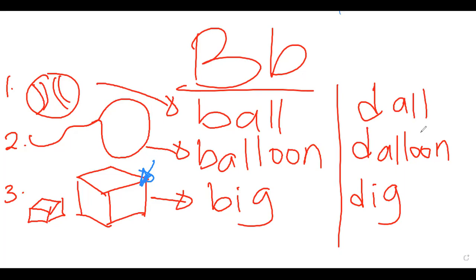Now, as you can see, these 3 words are not the same. This is D, this is D, and this is D, not the same. So how do you remember how to write the small b especially?